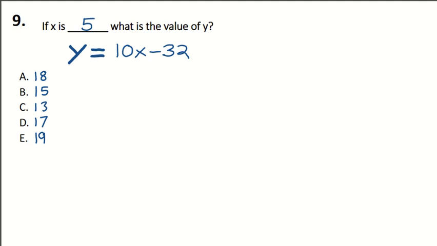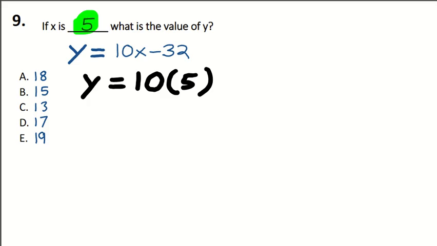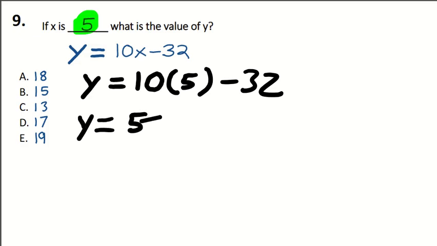Let's give this one a try. What if I make the value of x 5? Well, I simply plug in 5 for my x's, which means I have 10 times 5 decreased by 32. Now, I know that 10 times 5 is going to be 50, so y now equals 50 decreased by 32.